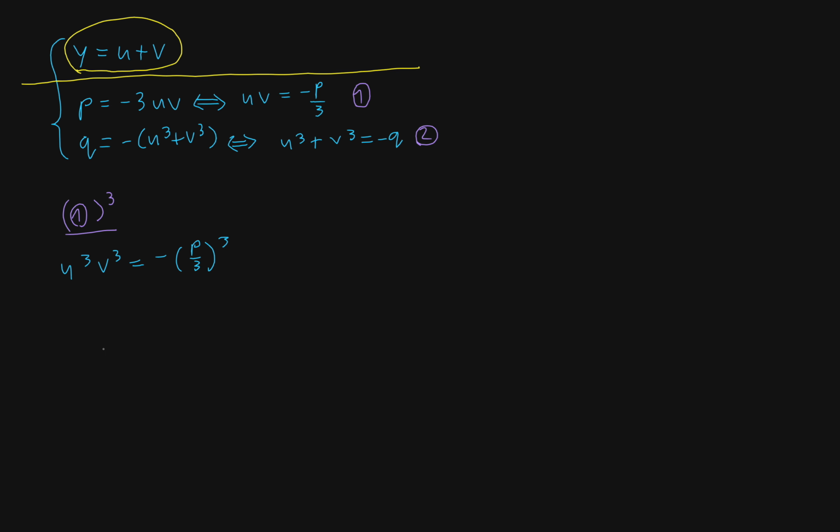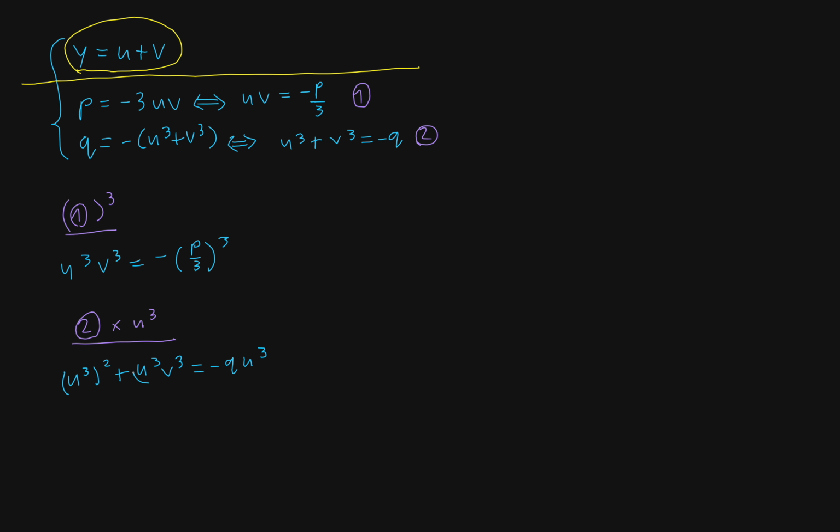Then we're going to multiply the second equation by u cubed, okay? So what we're going to have is (u cubed) squared plus u cubed v cubed is equal to -q times u cubed.